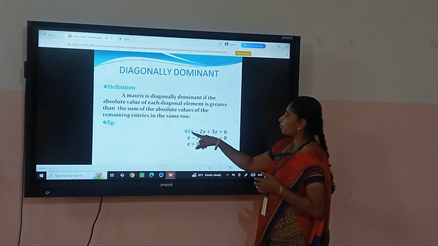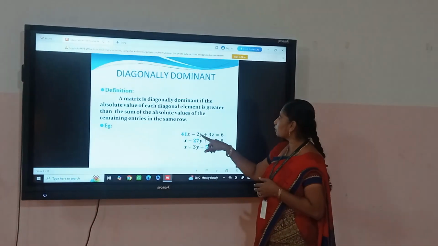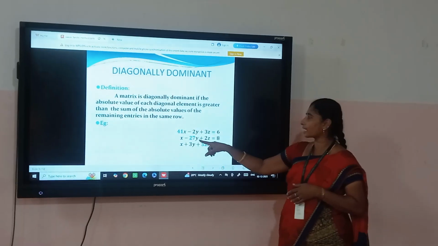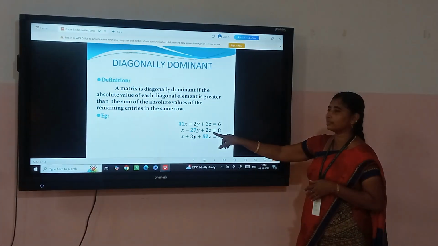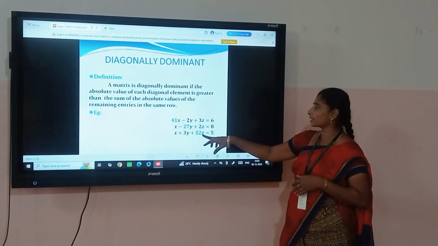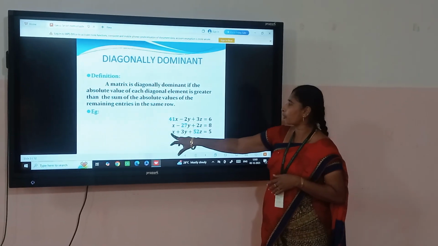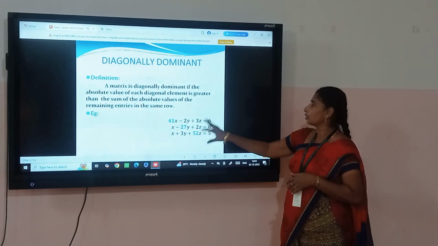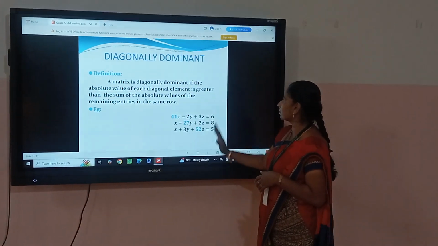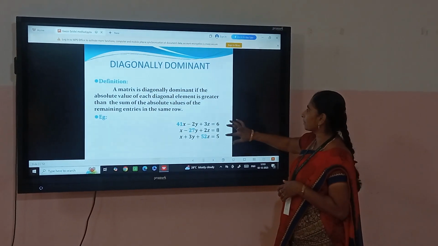That is, here 41 is greater than 2 and 3. Also the second row, 27 is greater than 1 and 2. Same, the third row, 52 is greater than the sum of 1 plus 3. So the diagonal is greater than the other values, which is diagonally dominant.